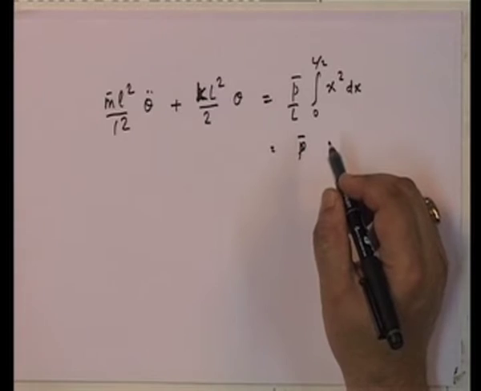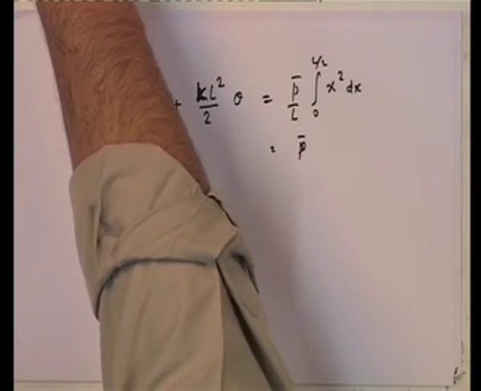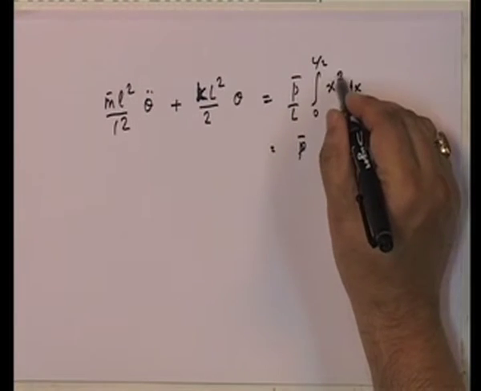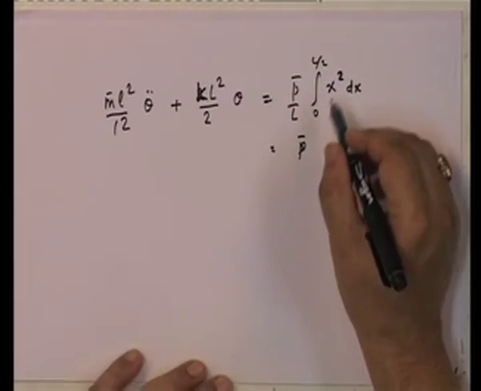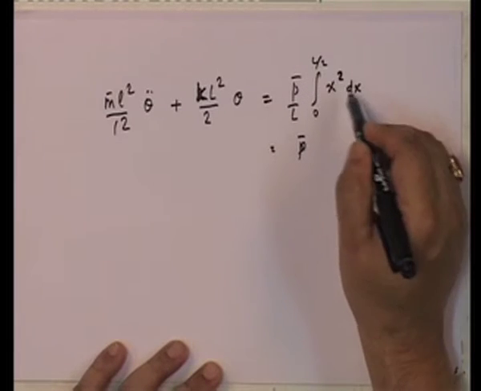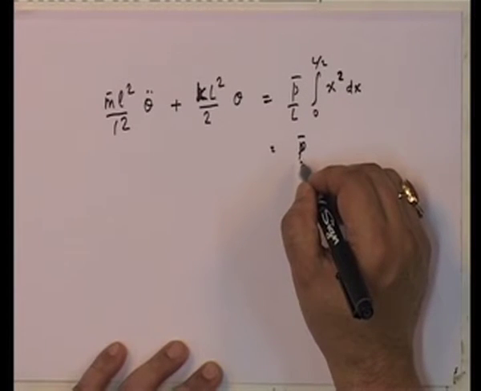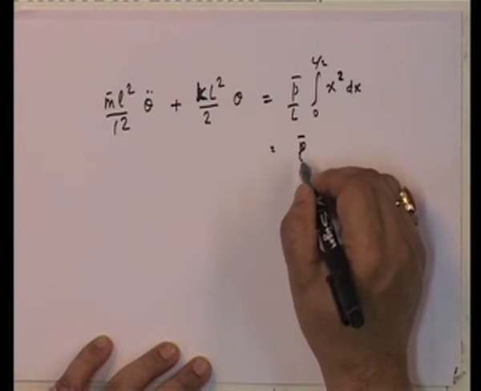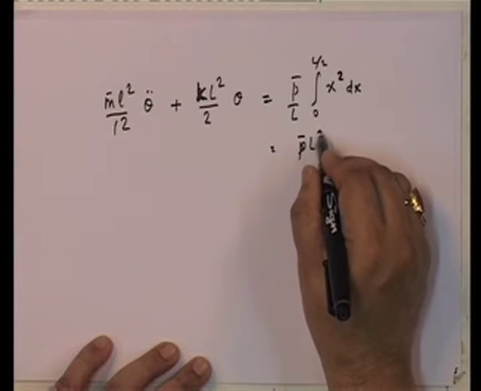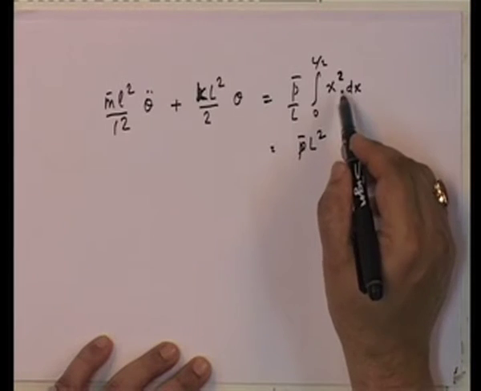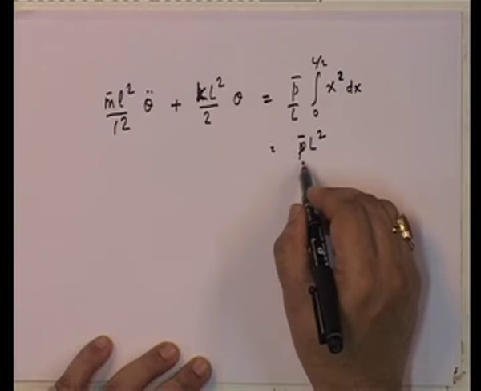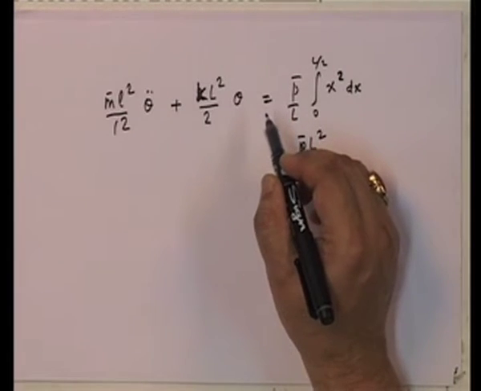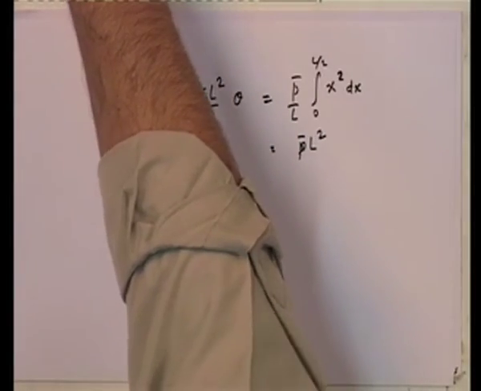Oh, I am so sorry, I made a mistake here. Please forgive me, this goes from 0 to L by 2. Right, exactly, it is 0 to L by 2. So, this becomes L by 24. So, what I have is essentially P bar L squared by, please note here, I have made a mistake.